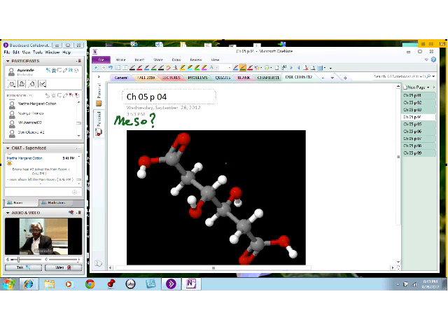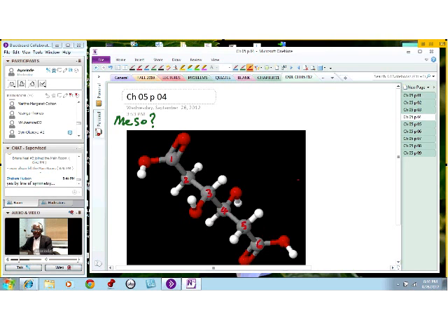Okay. So now, let us do this. I'm going to go ahead and number this carbon here. I'll say carbon 1, carbon 2, carbon 3, carbon 4, carbon 5, and carbon 6.